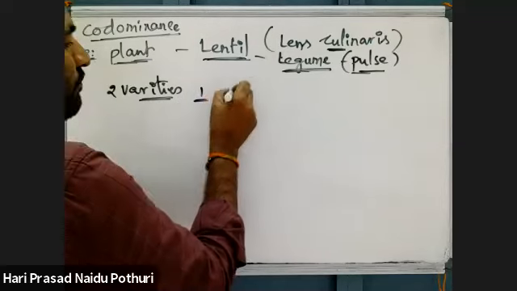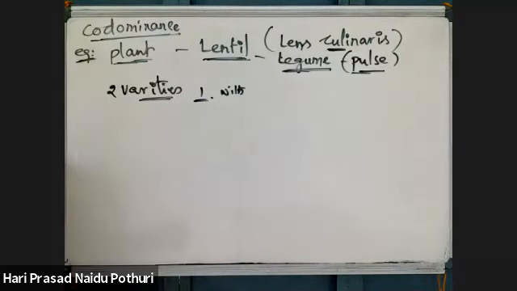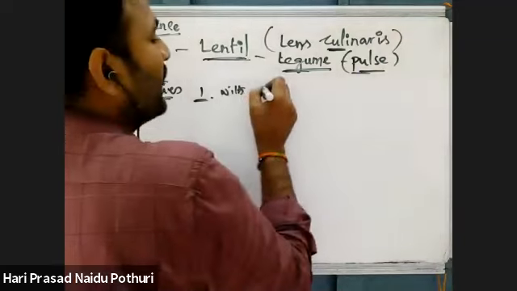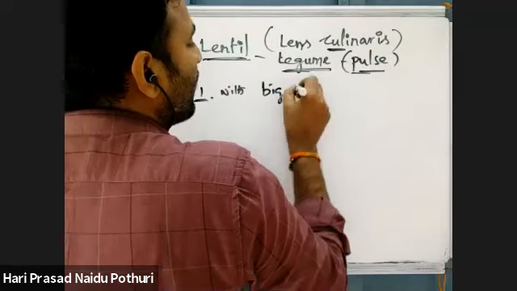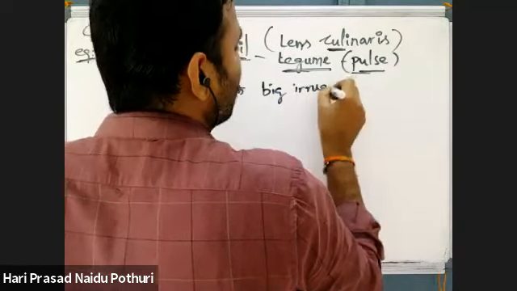One variety is a plant with big irregular patches on seeds.